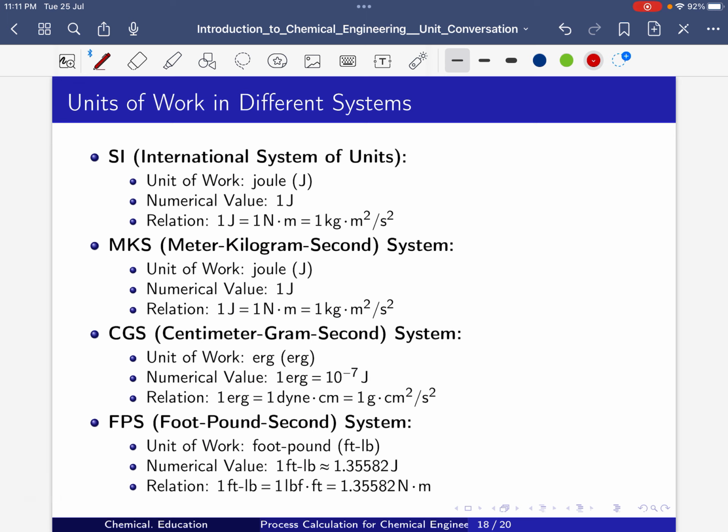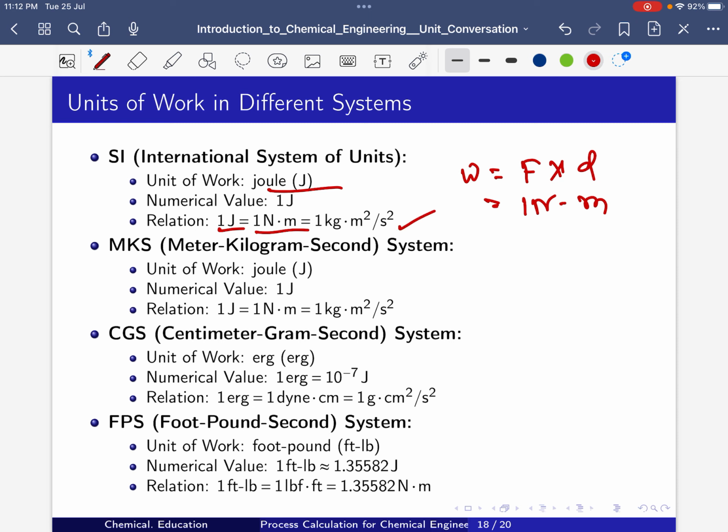Now units of work in different systems. The unit of work in the SI system is the joule, and 1 joule is equal to 1 newton meter, since work is force F into displacement D. So 1 newton meter, and 1 newton is 1 kg meter per second square, times meter, so 1 kg meter square per second square.